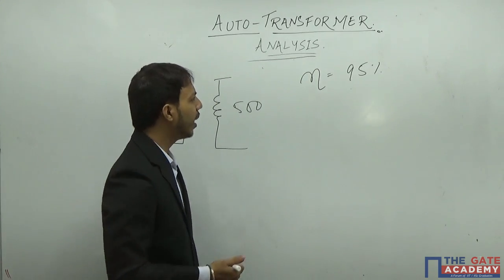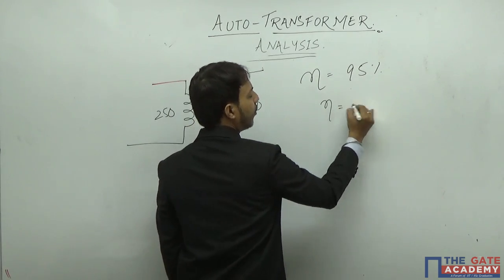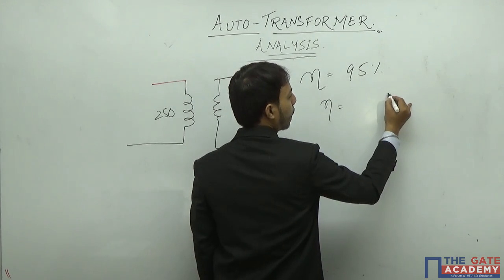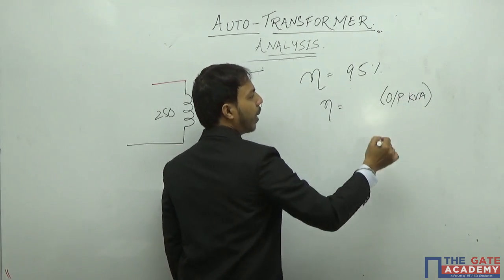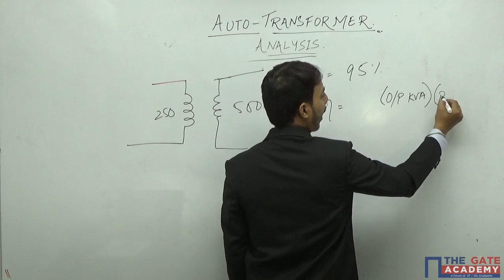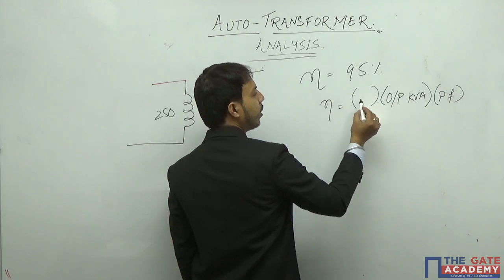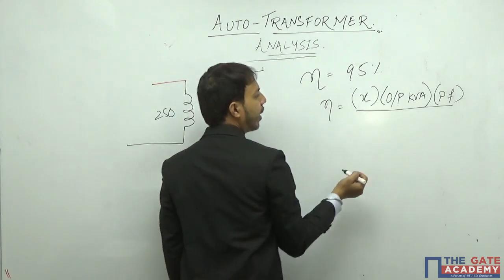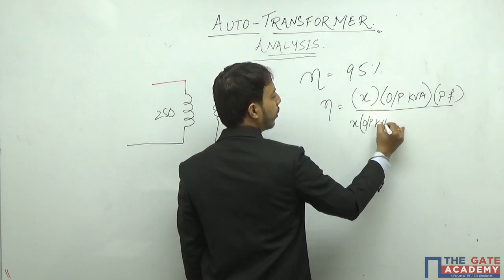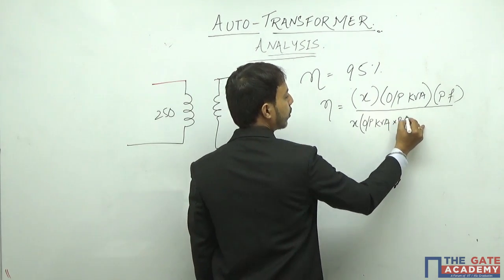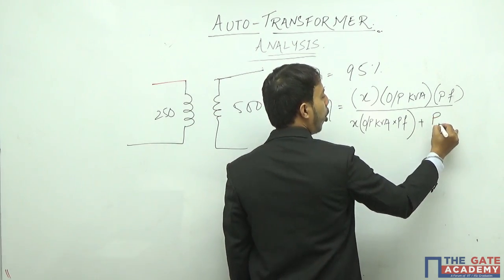Okay, so from here what we can do is, we know what efficiency is. Efficiency is output kVA multiplied by power factor and percentage loading X, divided by the same thing, X percentage loading into output kVA into power factor, plus losses.